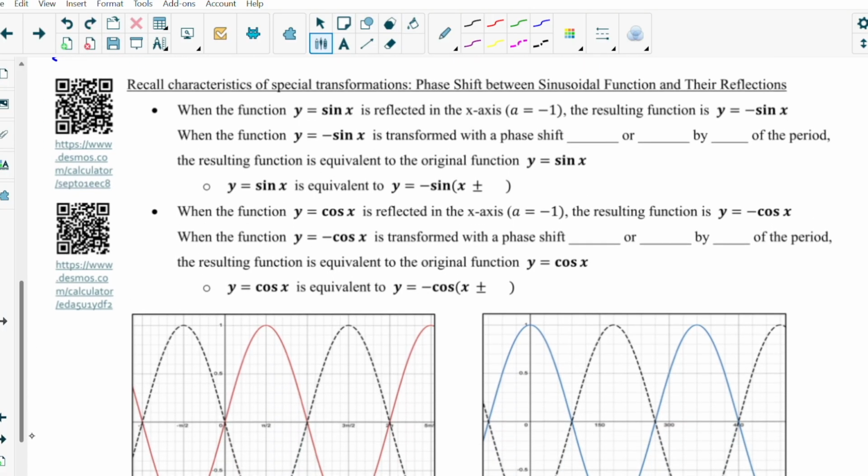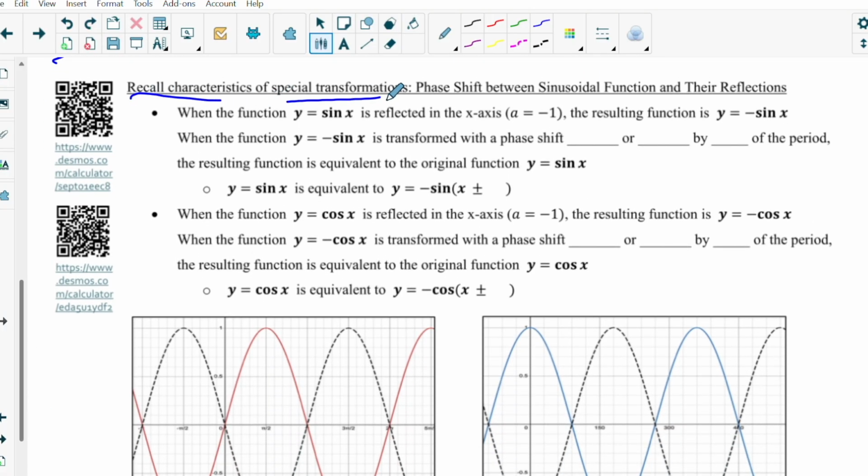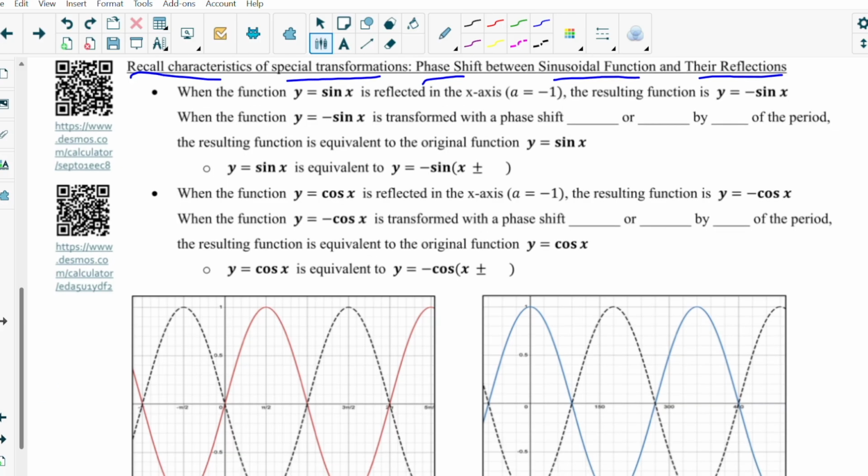Next part, recall characteristics of special transformations, a phase shift between sinusoidal functions and the reflections. So let's take a look. When the function y equals sine of x is reflected in the x-axis, so a equals negative 1, the resulting function is y equals negative sine of x. So we know that.